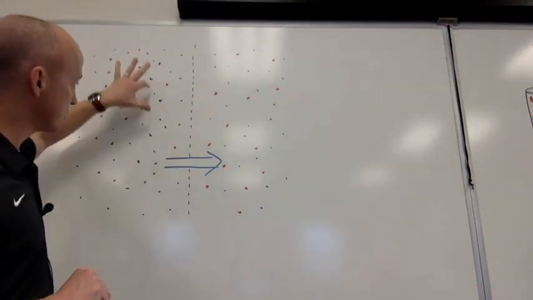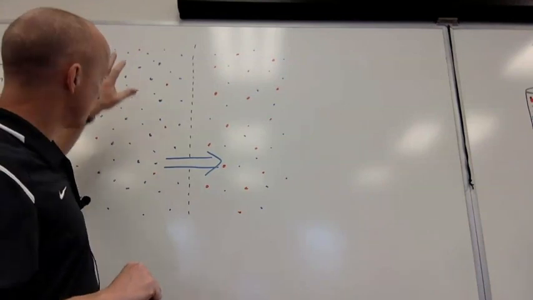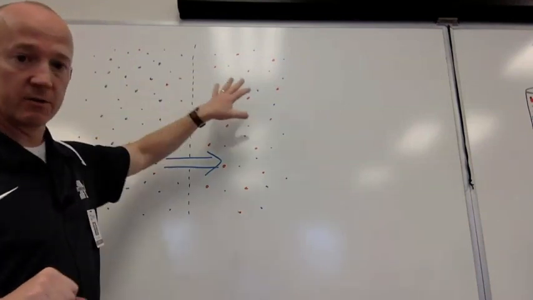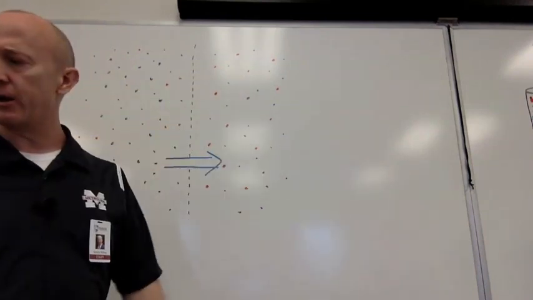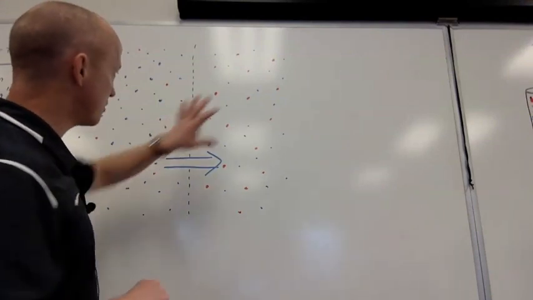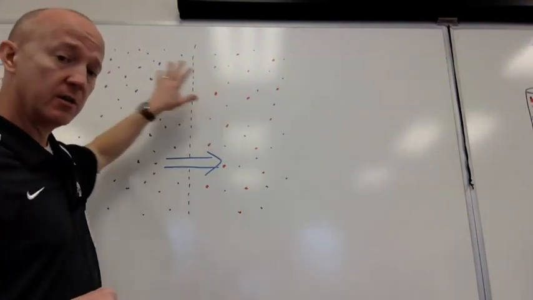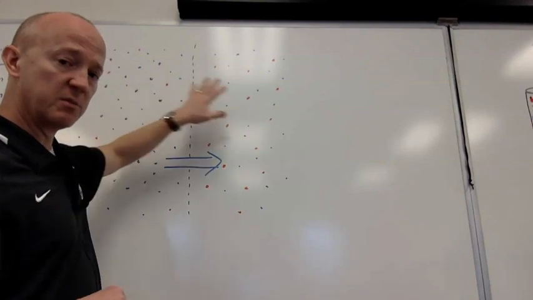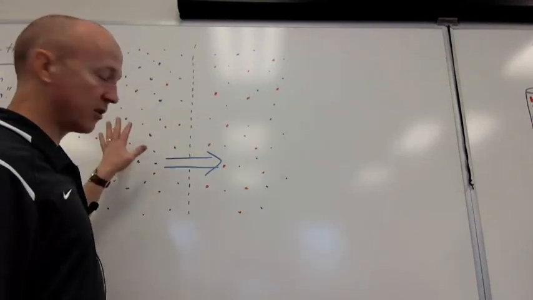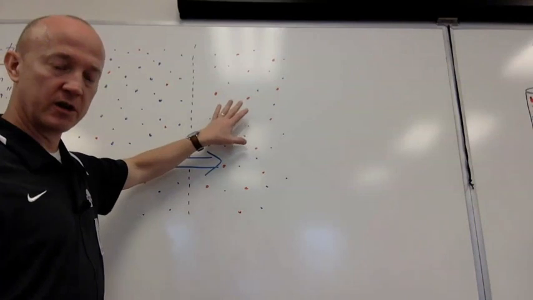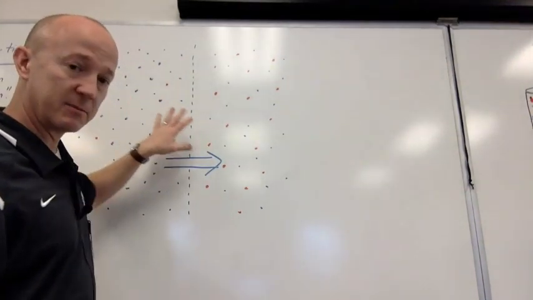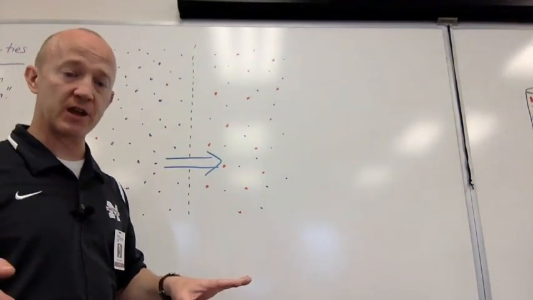A few solute particles over here, but really there's more water over here than there is over here. Or we should say it this way, there are more solute particles over here than over here. This would be dilute, this would be more concentrated. So since we have a greater amount of solute over here, the water will attempt to even that concentration out.